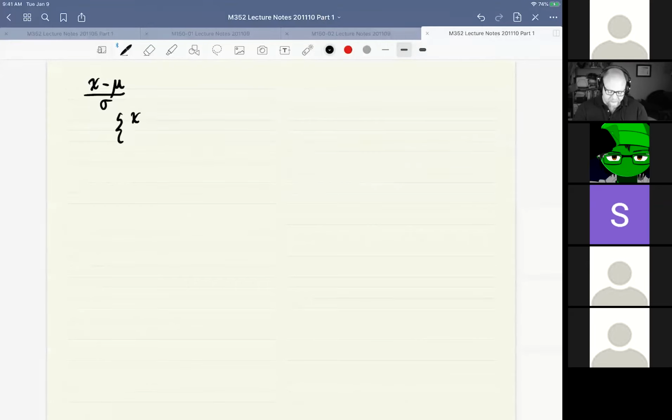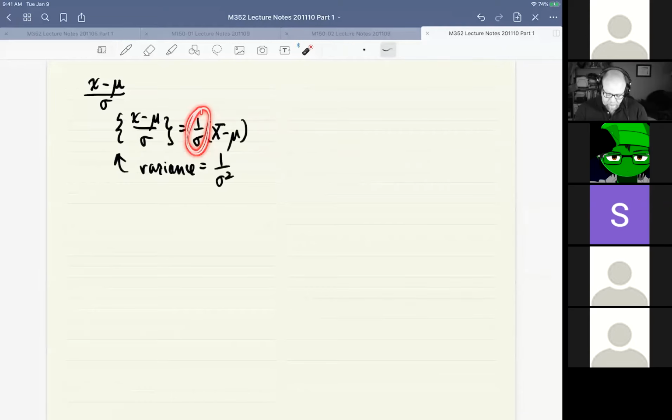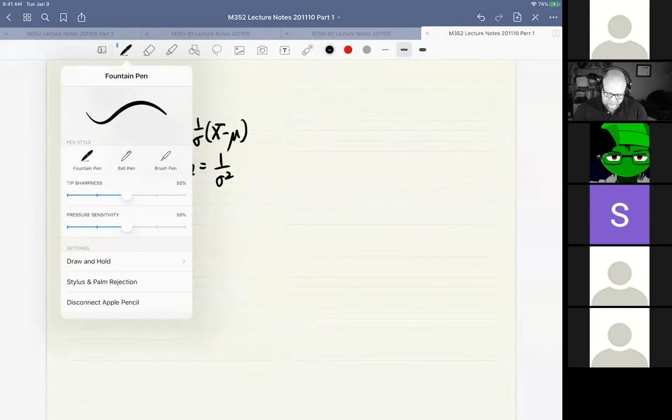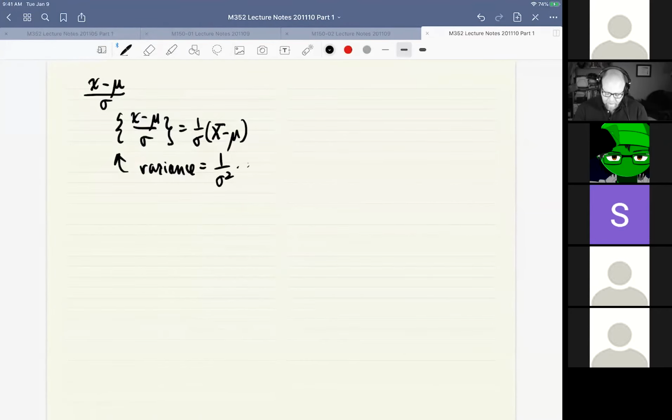Then this set of numbers has variance equal to 1 over sigma squared times the variance of x minus mu, since shifting doesn't change your variance.